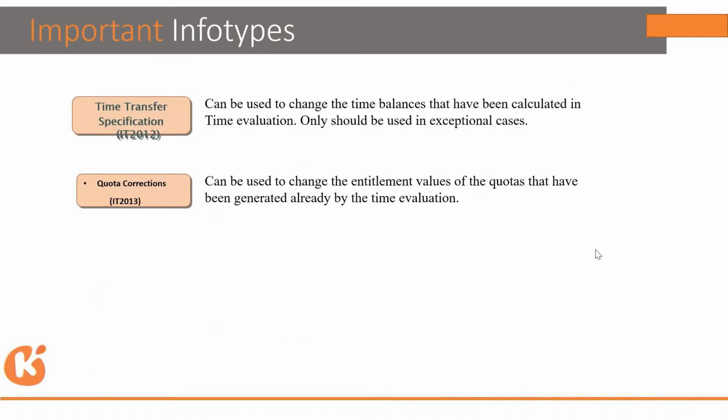And quota corrections: if there are any issues applying for leave even after having the balance, or the employee doesn't have the balance and still has to apply for leave, there is something we have to update in info type 2013, nothing but quota corrections. We can give a flexi balance here, nothing but giving an additional flexi balance to apply for leave on a particular day, in quota corrections, info type 2013.